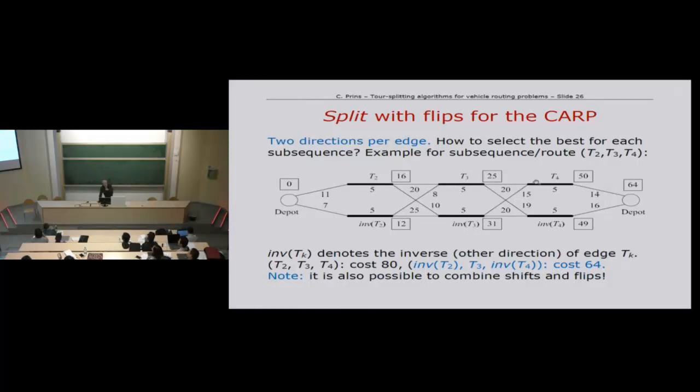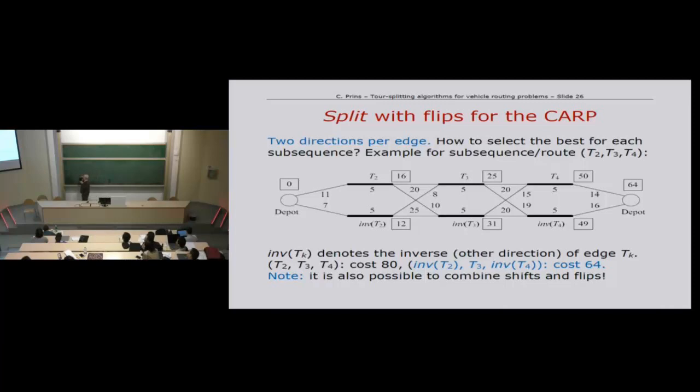So your giant tour is like this. Here I draw a second layer, and inv of T2 is the inverse of T2. So it is the street T2, but traversed in the other direction. So the second layer corresponds to the other traversal direction of the arcs in the first layer.